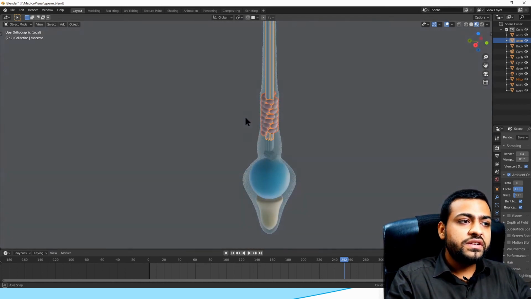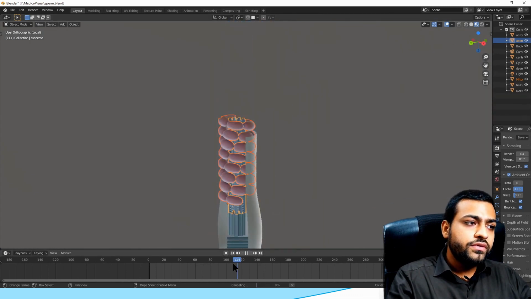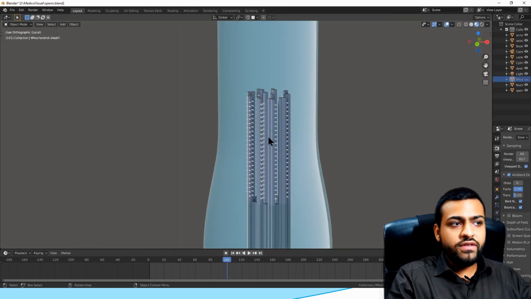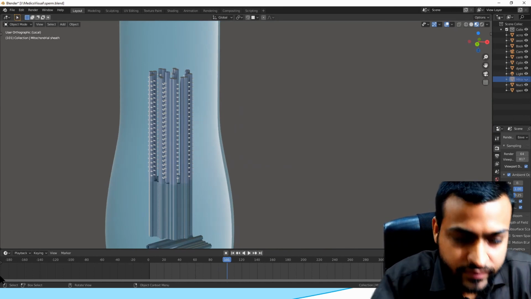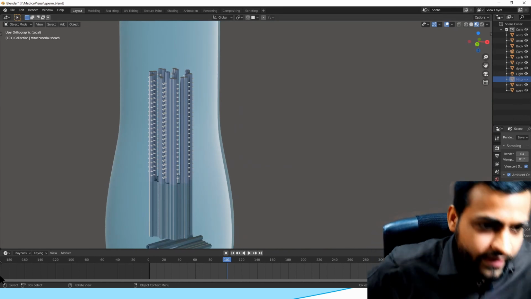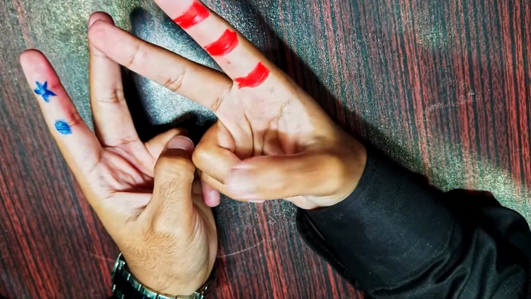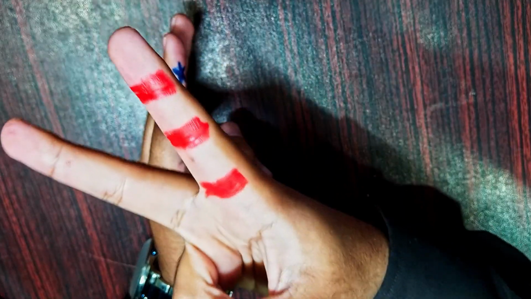Now let's discuss how it works. Now we will discuss how this flagellum works, right? And for this I will use my fingers to demonstrate. So these are my fingers, of course you know this, and let's suppose this finger is 1 microtubule, and this is the second microtubule.